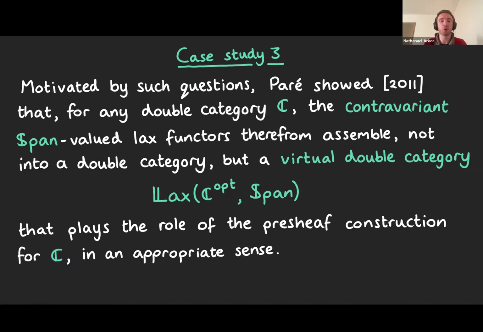that the appropriate notion of presheaf on a double category is a contravariant functor from C into the double category of spans. Now, a contravariant functor in this case means, well, we can take an opposite of a double category by flipping all the tight morphisms around. And here, the appropriate notion of a functor of double categories is what's known as a lax functor.